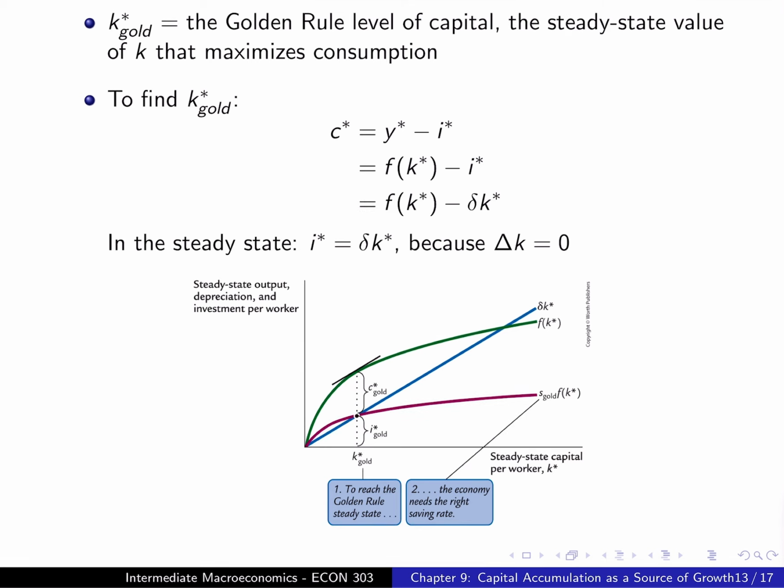The figure illustrates how consumption, investment, and depreciation relate to capital per worker at the golden rule steady state. The highest vertical distance between a function of lowercase k star and delta times lowercase k star occurs at lowercase k star gold. At this point, consumption per worker lowercase c star gold is maximized.